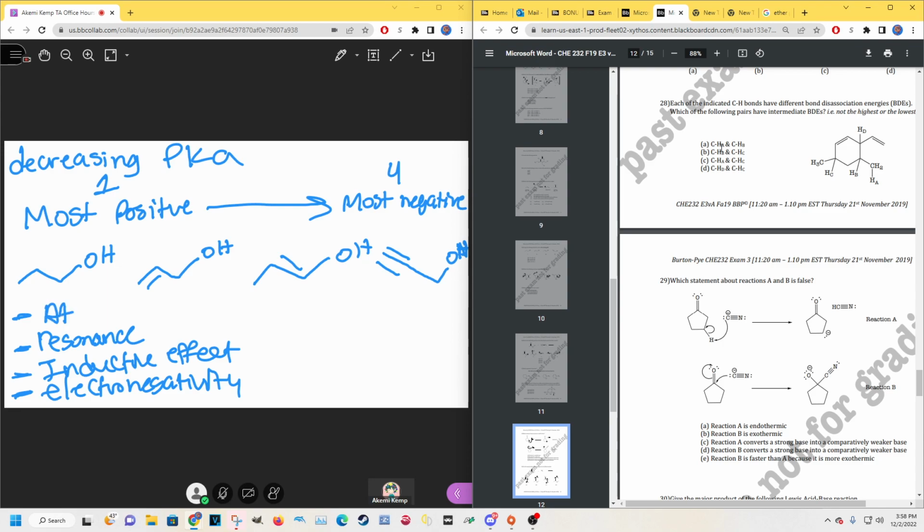If I'm not mistaken, I think that has to do with atom size. Well, I forgot the fourth one, but the first three here are mostly what's going to matter. So you look for resonance, if the inductive effect plays a part in stabilization, and if the electronegativity plays a part.